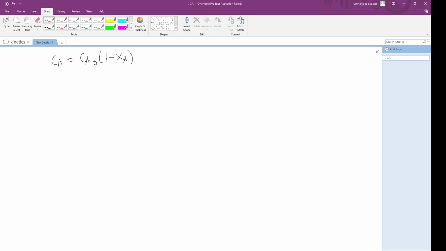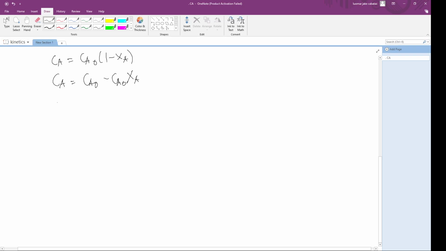We could use that, or we could integrate also. So by integration, we have CA is equals to CA0 minus CA0 XA.